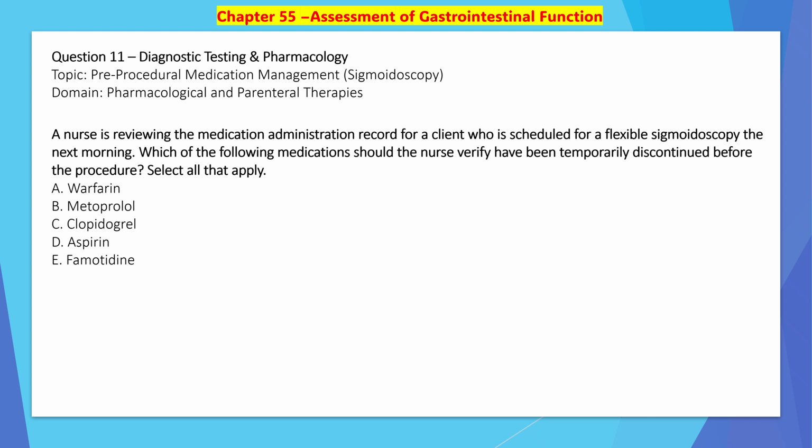Which of the following medications should the nurse verify have been temporarily discontinued before the procedure? Select all that apply. Warfarin, metoprolol, clopidogrel, aspirin, famotidine. The answers are warfarin, clopidogrel, aspirin.